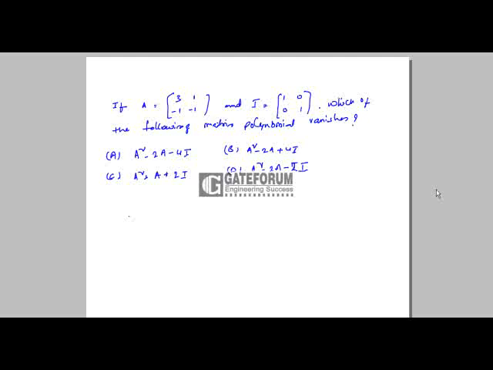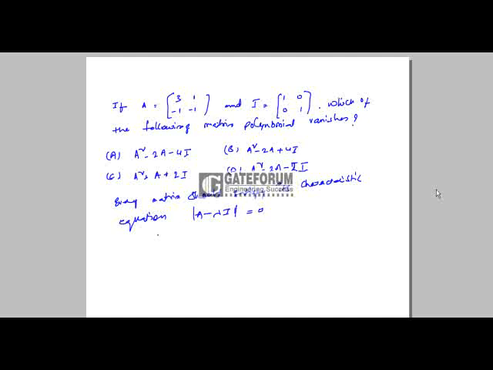Every matrix should satisfy its characteristic equation. That is, characteristic equation is determinant of A minus lambda I must be equal to 0. This is a characteristic equation, and every matrix should satisfy this.